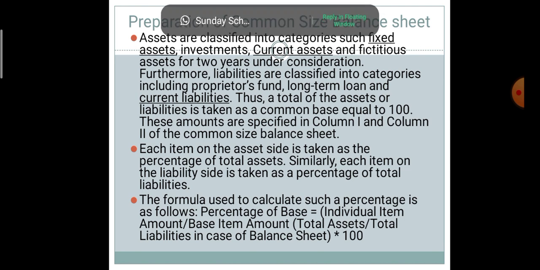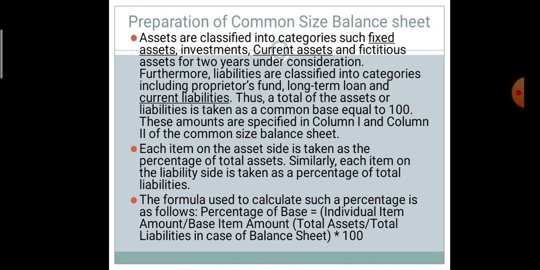For example, if a balance sheet is being common sized, all the line items forming part of the balance sheet are reproduced. In the second and third column, amounts pertaining to the line item in the current year and the previous year are written.